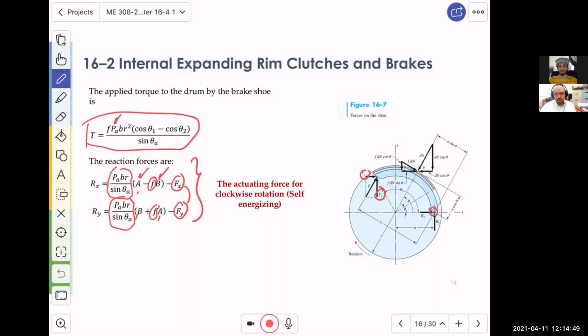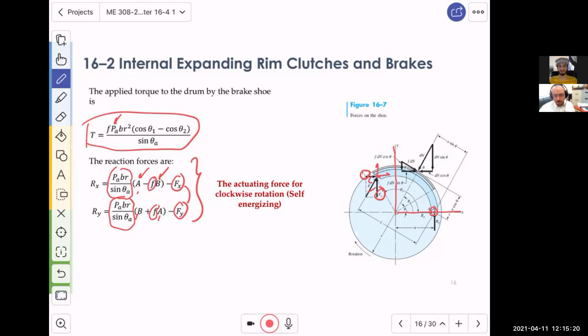Now, you need to be very careful with these. How do you resolve them? Here, the coordinate system is X and Y like this. So when you put a local coordinate system at the location of the actuating force, it has to be the same as the X and Y, horizontal and vertical, and then you measure the angles with respect to this one.